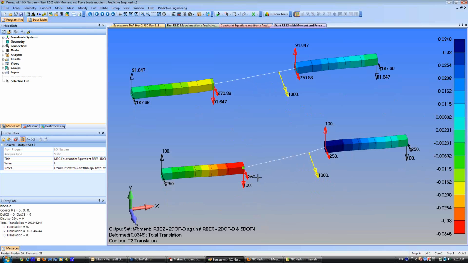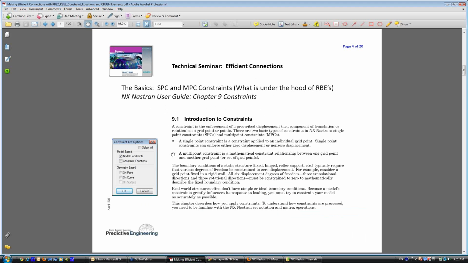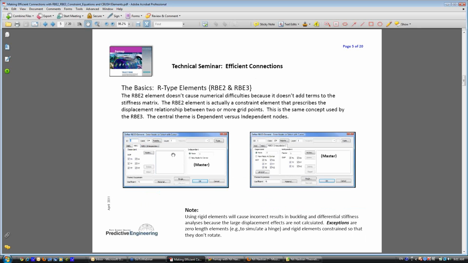The RBE3 doesn't add stiffness. Remember how I was saying the dependent and the independent concept? Go back, and how in the RBE2 you have your independent node with 6 degrees of freedom and you derive your dependent degrees of freedom, and here in the RBE3 your dependent is one node and it's being driven by all these independent nodes.